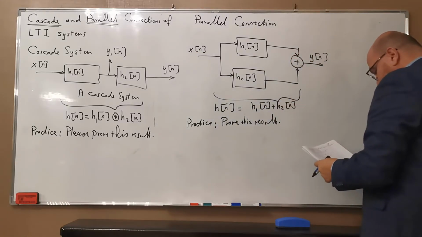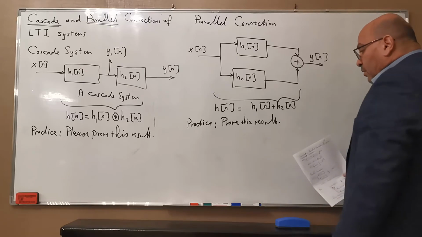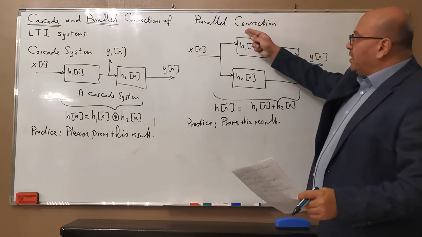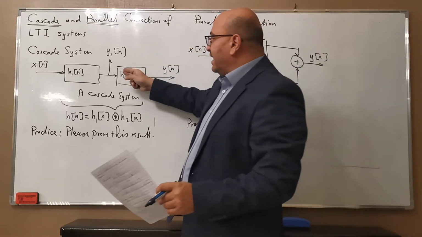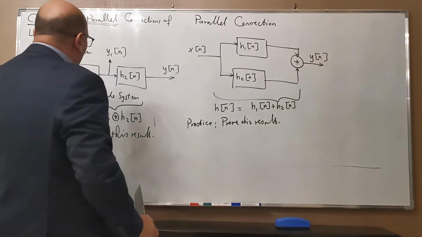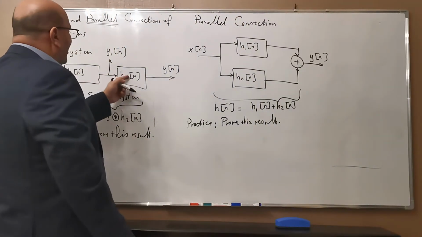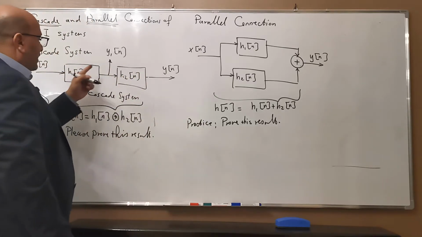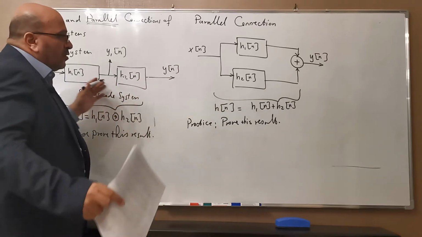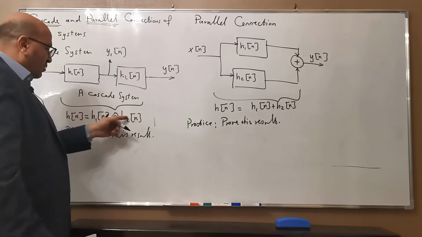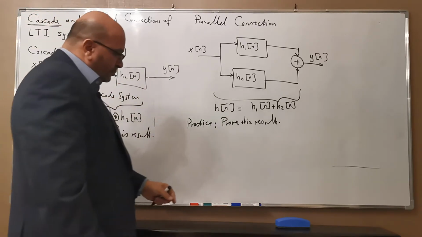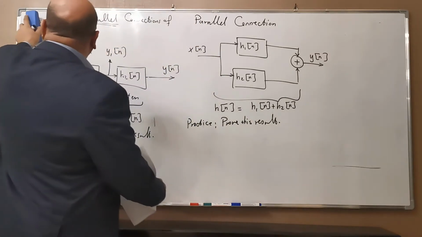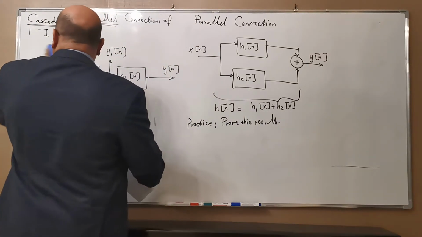So the proof is very easy. Okay, so this is what we call a parallel connection. This is what we call a cascaded connection. You can have so many cascaded stages, actually. You can have h1, h2, h3, h4, all of them cascaded, so you do the convolution in a row. Okay?